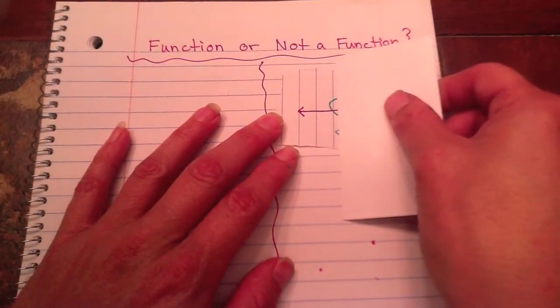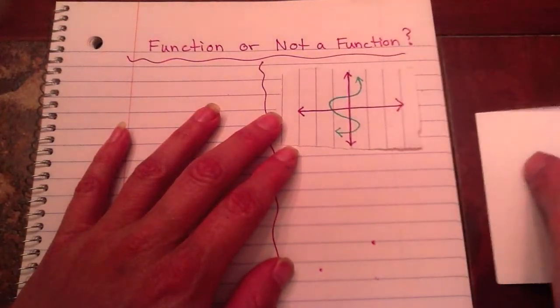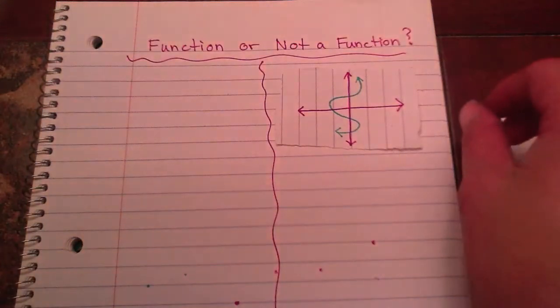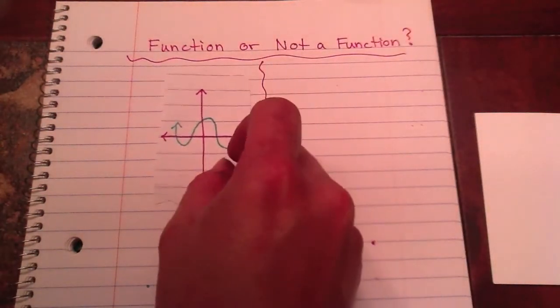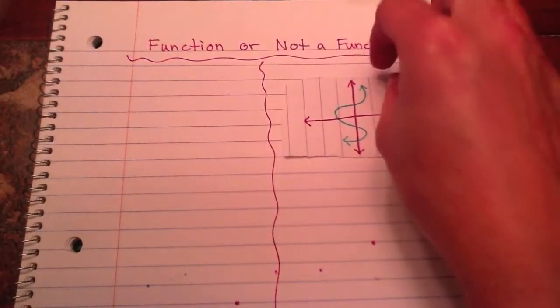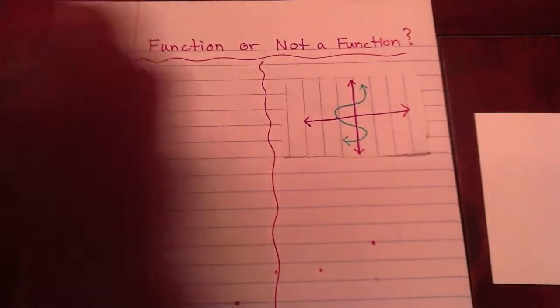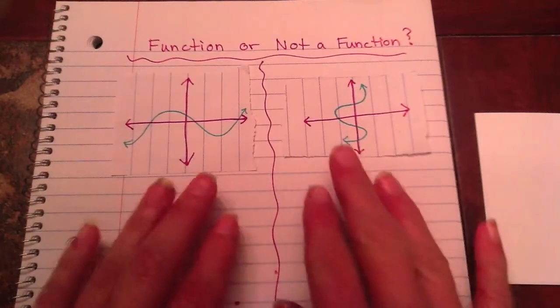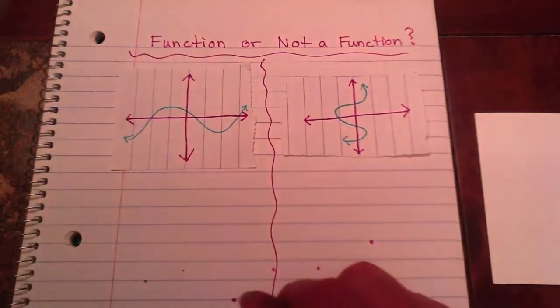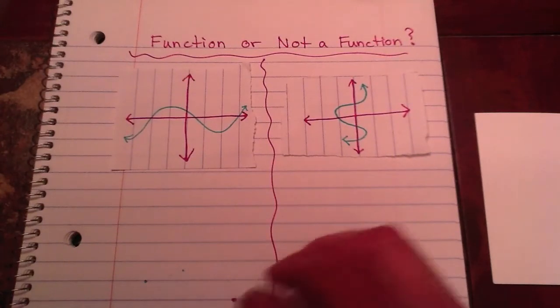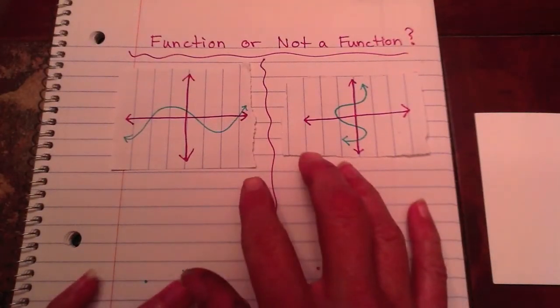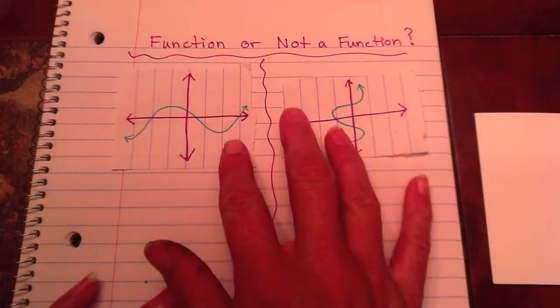So not a function. Go ahead and draw both of those in. Draw one that looks like that on the function side, like that on the non-function side. There's a better example of the function one, where it's a little wider apart, so you can see it a little better. Okay, hit pause if you're not done, otherwise we're going to move on.